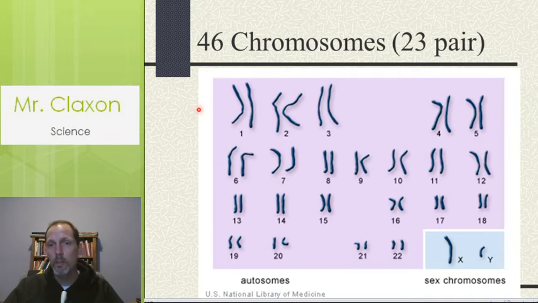For humans, we have 46 chromosomes, or you could say 23 pair of chromosomes. So you're seeing each chromosome here listed, and they've identified what genes are on a lot of these chromosomes. And look down here at the bottom, the X and the Y chromosome.